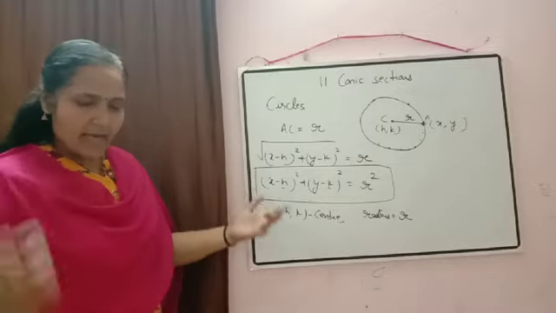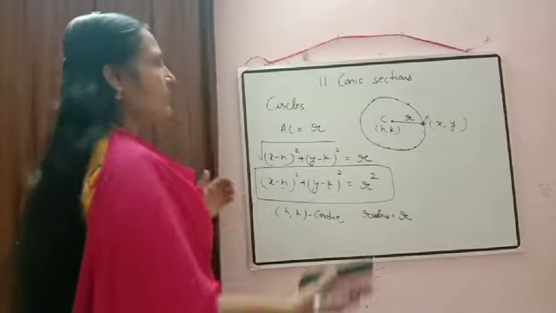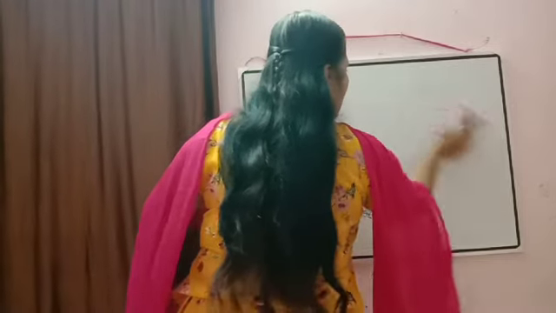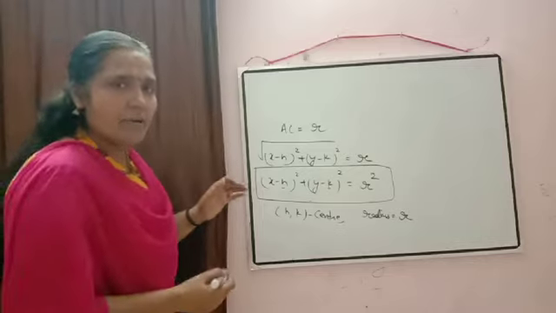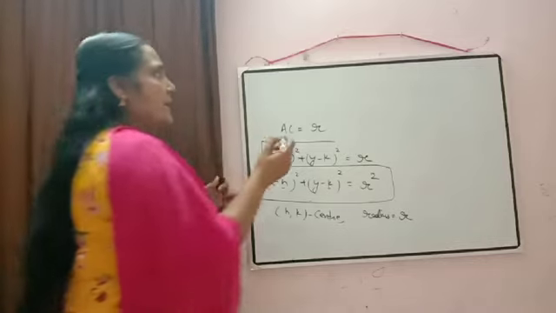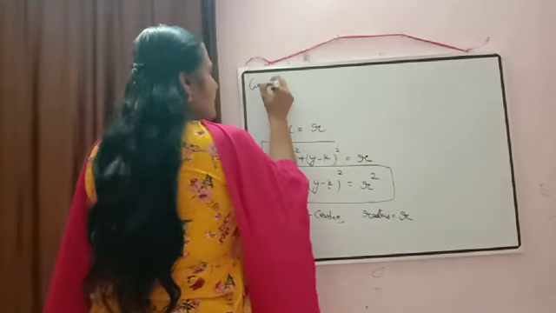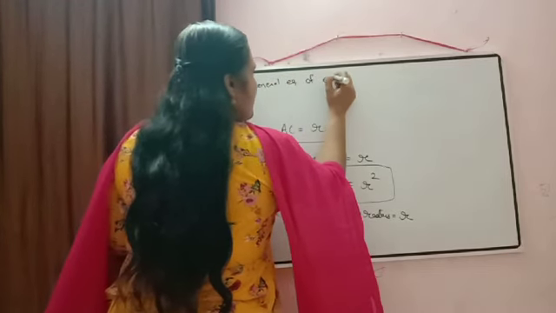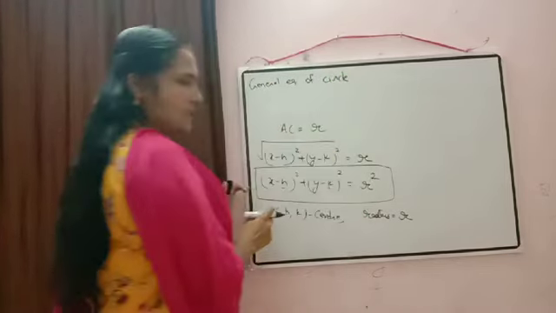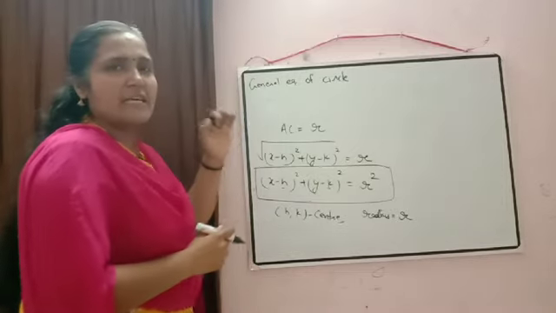If we generalize this, we get one more formula for the circle. I am not explaining that generalization, we will directly write down the formula. Just write down the general equation of a circle. In your textbook this is the equation given, but we can use this equation also.